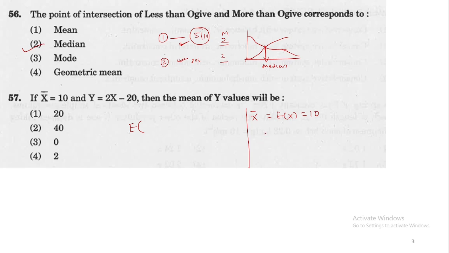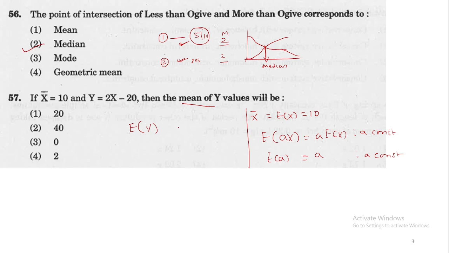The results we have are: expectation of ax equals a into expectation of x, where a is a constant, and expectation of a equals a itself if a is constant. Whenever a constant is there, if you take expectation, it is just the constant only.